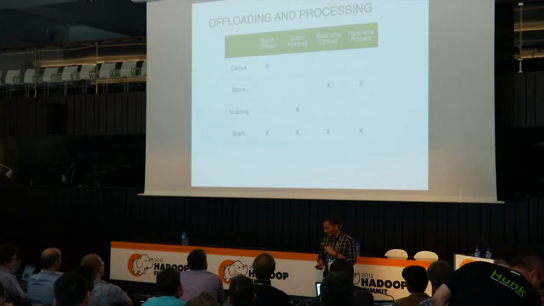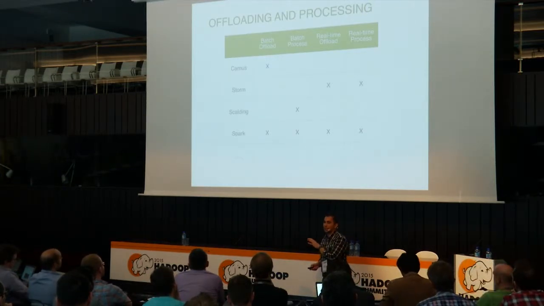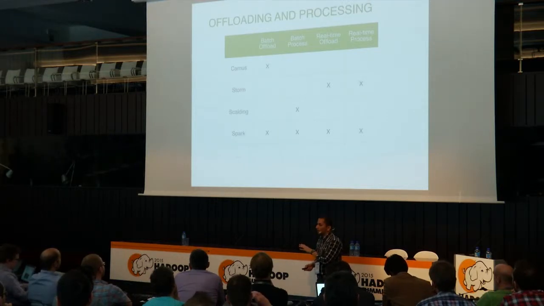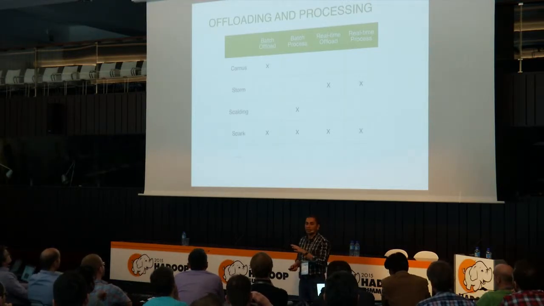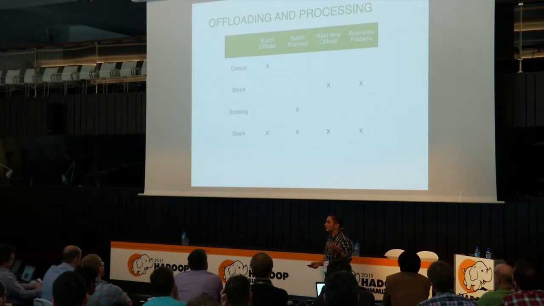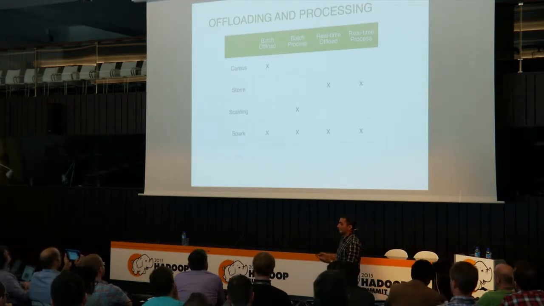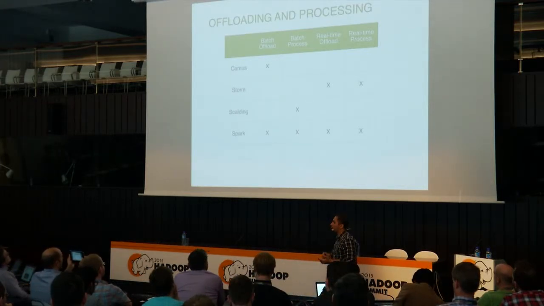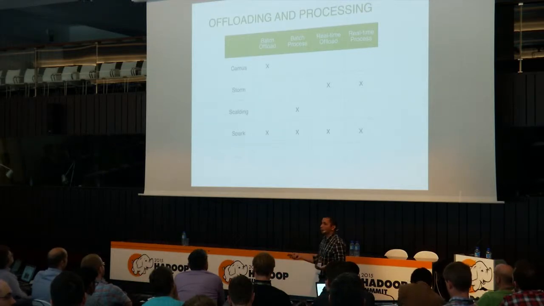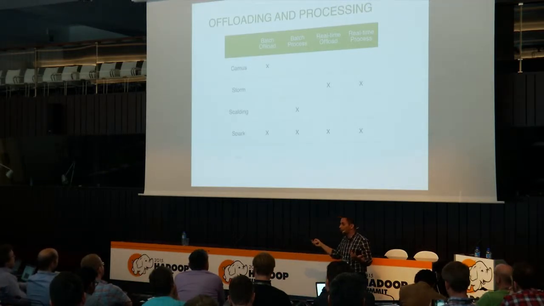So these are just some of the options that you have available right now for offloading and processing of the data. You might want to choose a very batch format where you offload the messages off of Kafka into HDFS using something like Camus, and then process by writing your own MapReduce statements, or using something like Scalding, which is a framework.